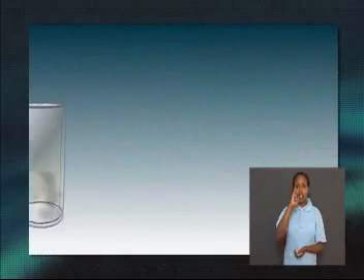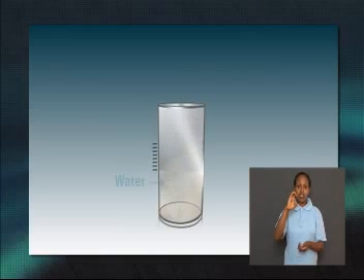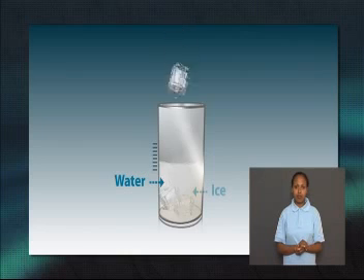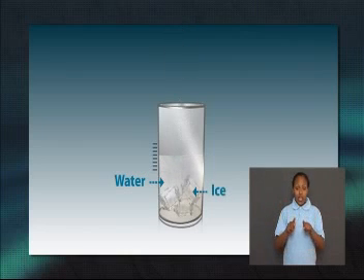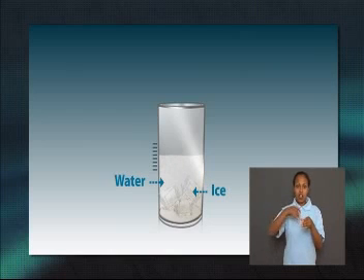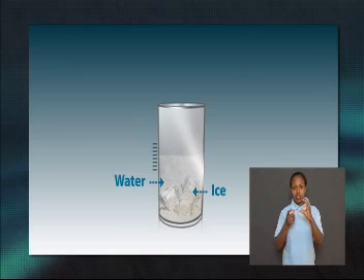Ice in a drink is a perfect example of Archimedes' principle. When a cube of ice is placed into a glass of liquid, the liquid is displaced to make room for the ice.